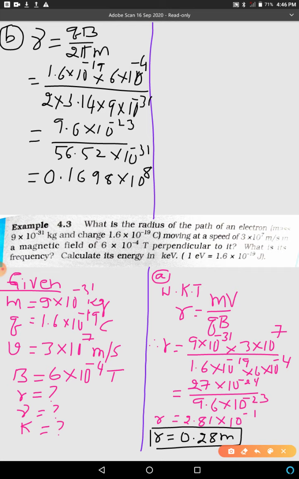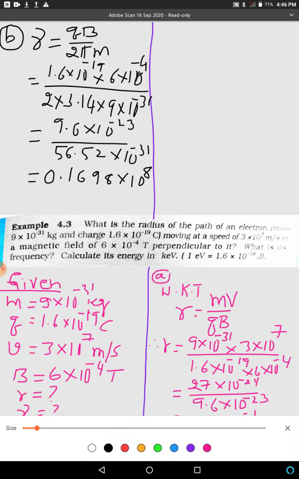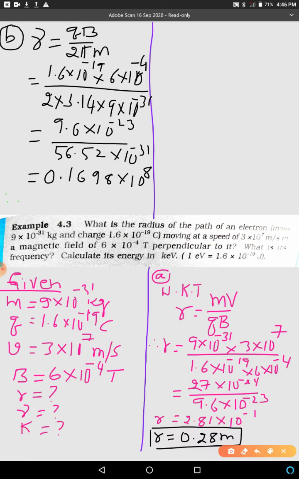So therefore frequency nu will be equal to, I'll take green color, 16.98, or I'll make it 17. Taking 2 digits of decimal, it becomes 16.98, almost 17, into 10 power of 8. Since the decimal moved 2 digits to the right, its value has increased, so the power of 10 should decrease by 2 units, and it becomes 10 power of 6.